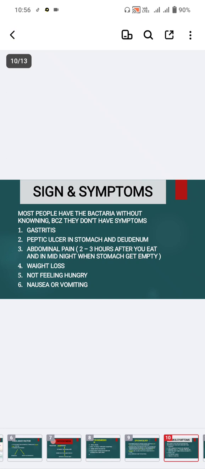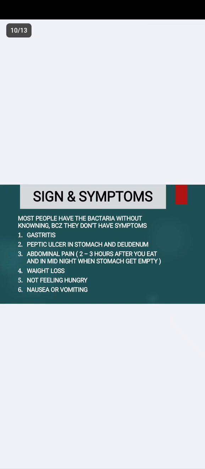Abdominal pain 2 to 3 hours after you eat and at midnight when the stomach gets empty. ये पेट का दर्द भी इसमें होता है, जो अमूमन 2-3 घंटे के बाद आपको महसूस होगा जब आप खाना खा लेते हैं, और मोस्टली ये रात के वक्त भी होता है जब आपका पेट खाली हो जाता है.